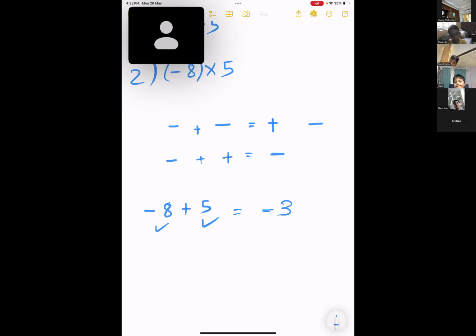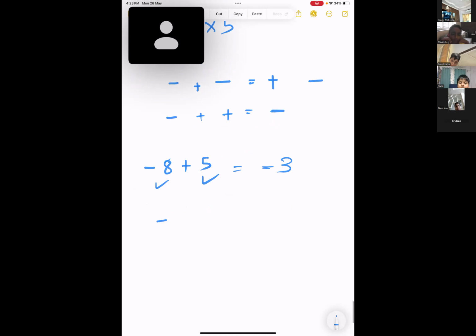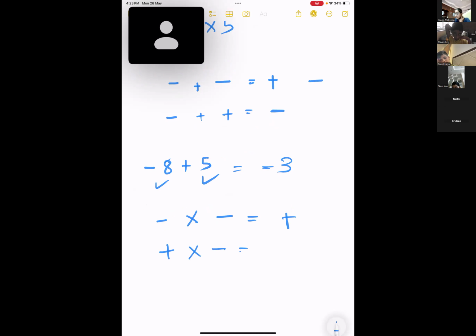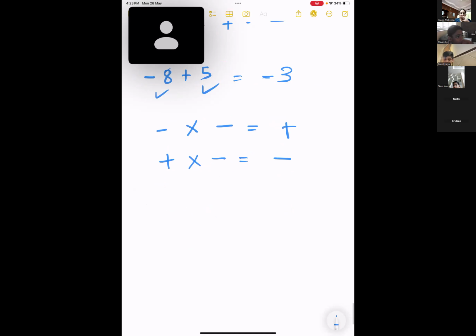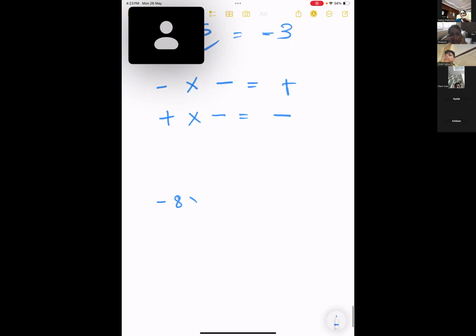Yes, ma'am. Okay. Now, next is a minus when multiplied by a minus, it becomes a positive number. A positive number when multiplied by a negative number is a negative number. So if I have given this second question to you, -8 into 5, children, some of you are giving me minus 3, but it is a multiplication question.